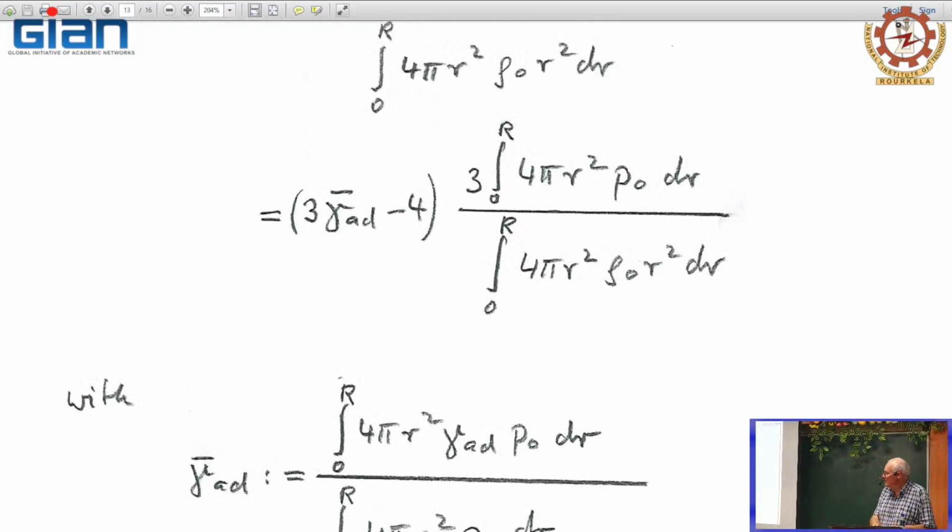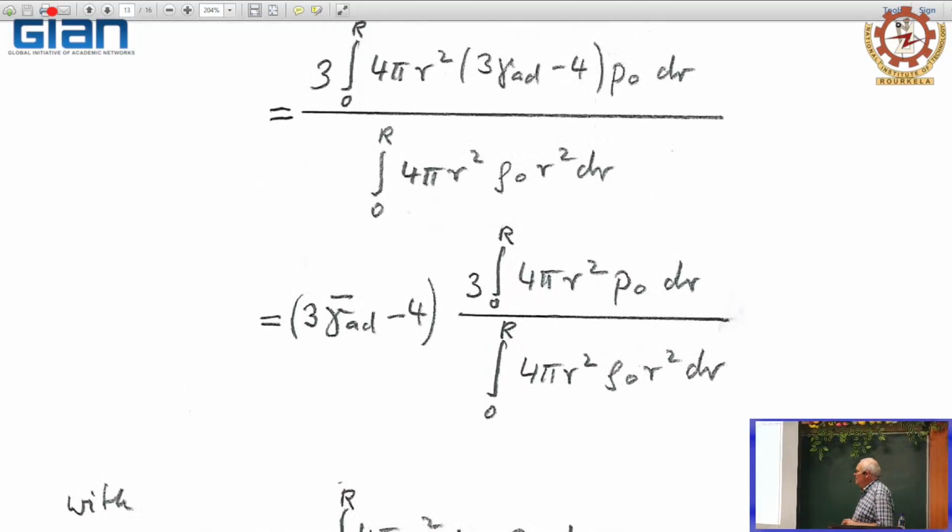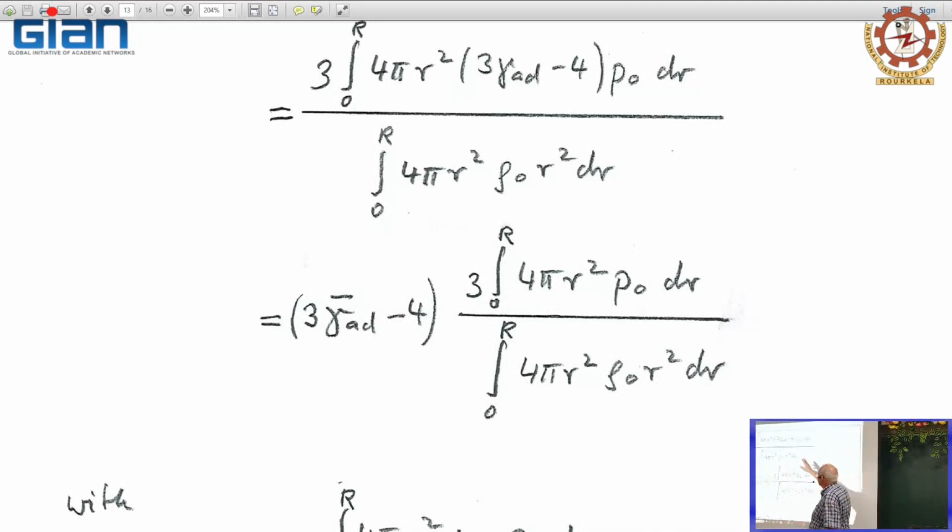If we define it that way, then that's how we get rid of the gamma adiabatic under the integral, and we obtain that sigma naught squared is given by 3 times the mean adiabatic index minus 4, times the ratio of the integral over the weight function divided by the integral over rho naught times r squared.